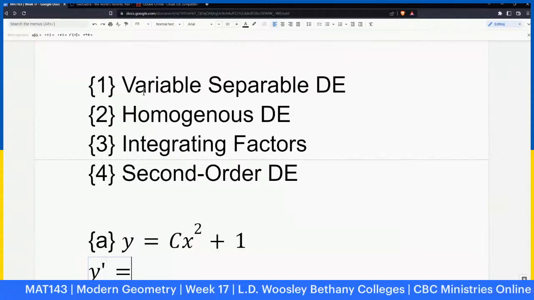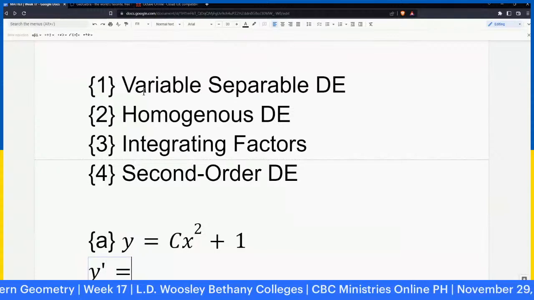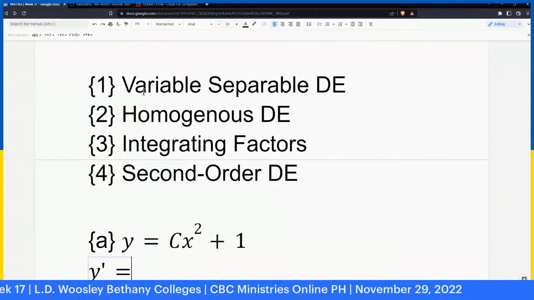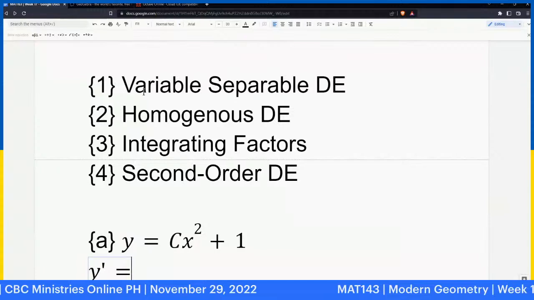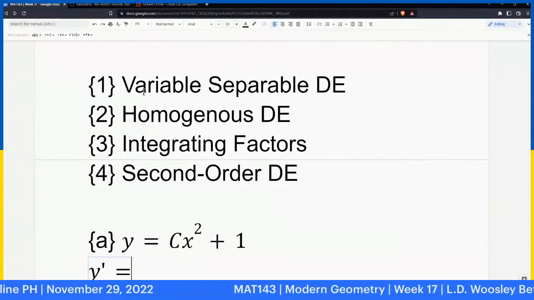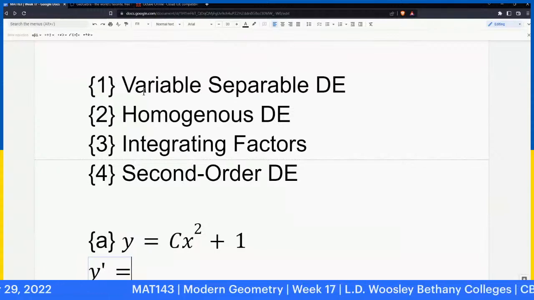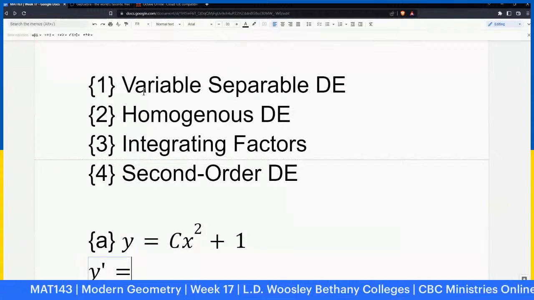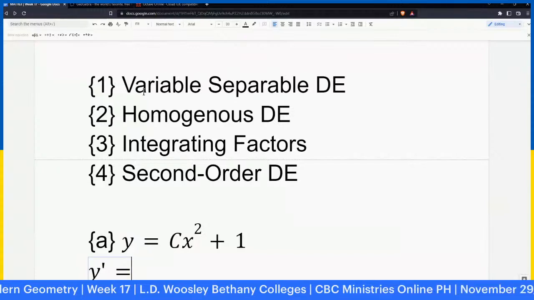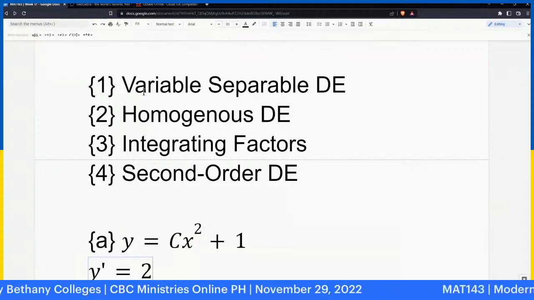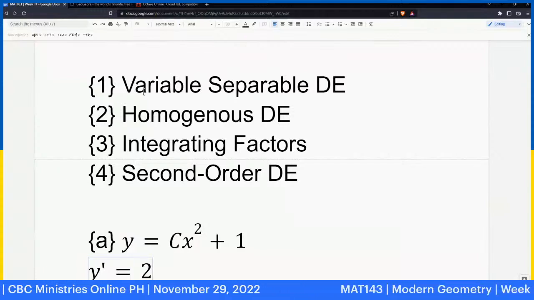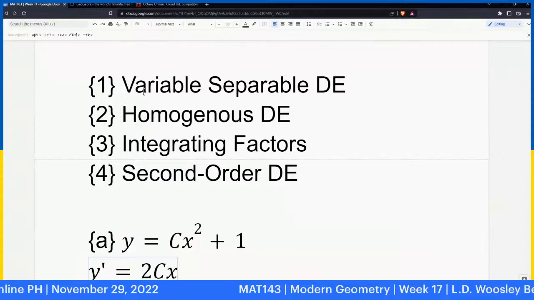Is equal to, can you give me the derivative of the right side of the equation? Derivative of 2x, 2c, 2cx. Alright, 2cx.